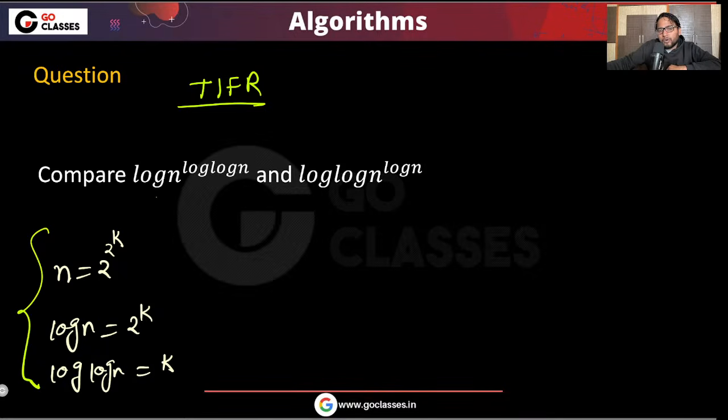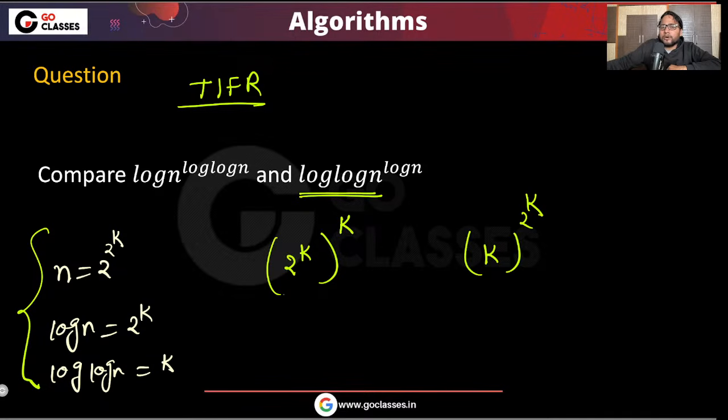Now if you want to compare, log n basically is k, and n is 2 power k, so n power log n is 2 power k power k. Finally you want to compare these two. You can write 2 power k, multiplied k times, as 2 power k square, right?